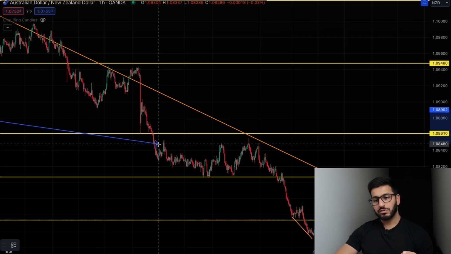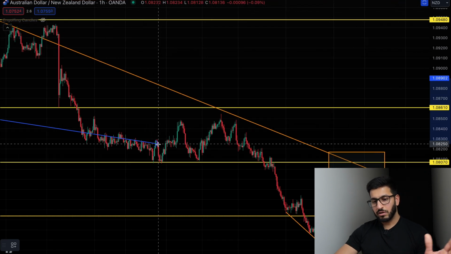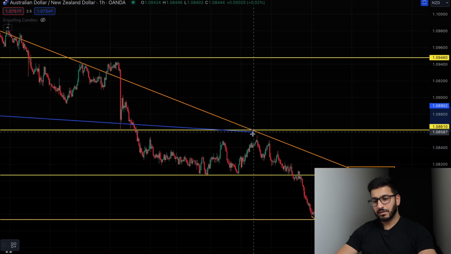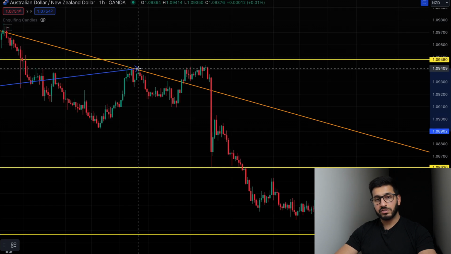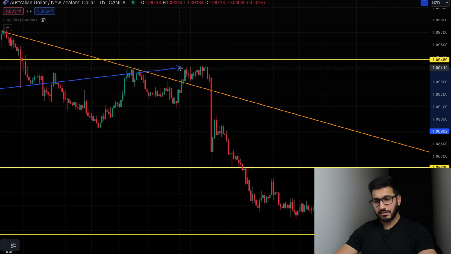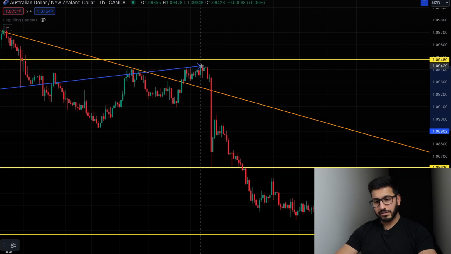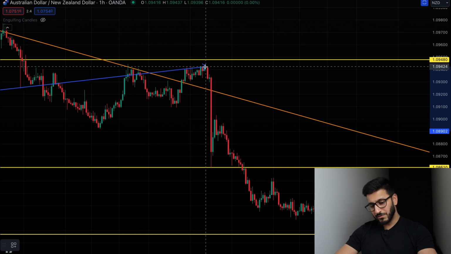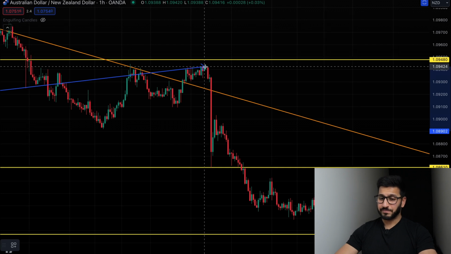I want you guys to work on those habits and think before you take a position. Now, as I said, I want you guys to enter close to the trend lines, and once you're in profit, I want you to move your stop loss to 0, so that even if after doing that it still comes up and grabs your liquidity from this point, you're not losing a lot of money.